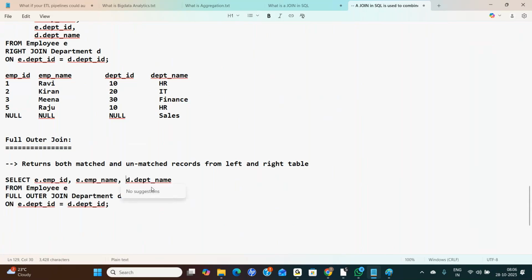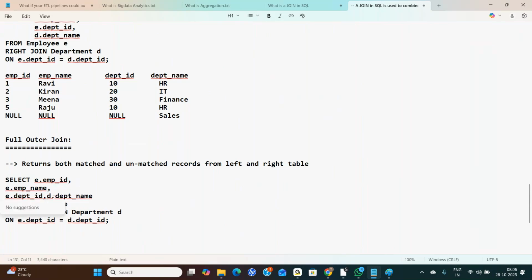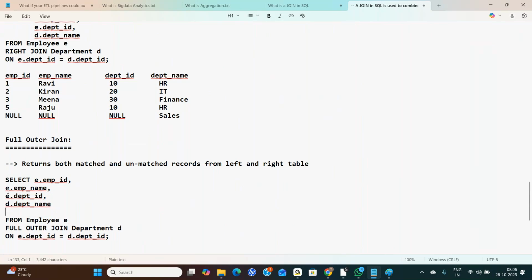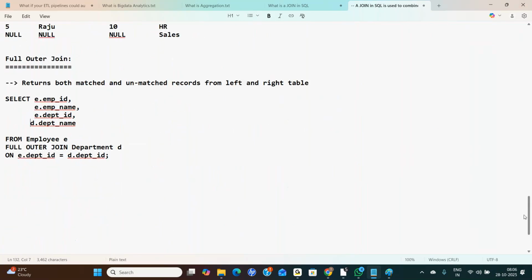Select employee ID, employee name, and e dot employee name, e dot department ID, and d dot department name from employee E full outer join department D, and so on.